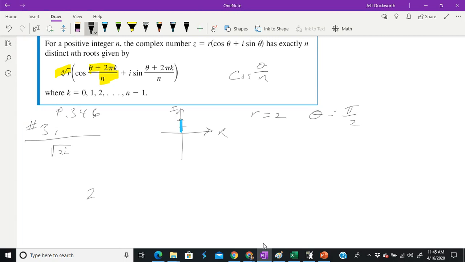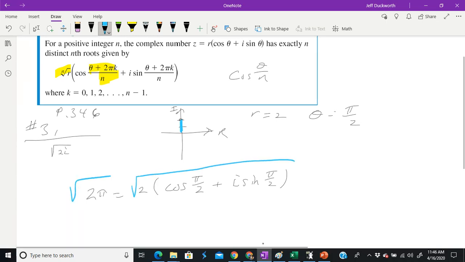So putting it into trigonometric form, scroll down a little bit. 2i equals 2, and then the cosine of pi by 2 plus i sine of pi by 2. So if I'm taking the square root of all of that, that's to the 1/2 power, essentially. Just like we did before, we're going to bring the 1/2 down.